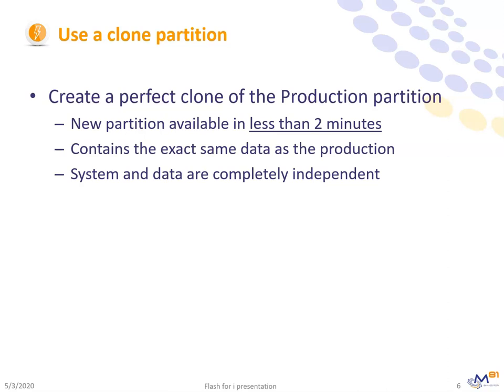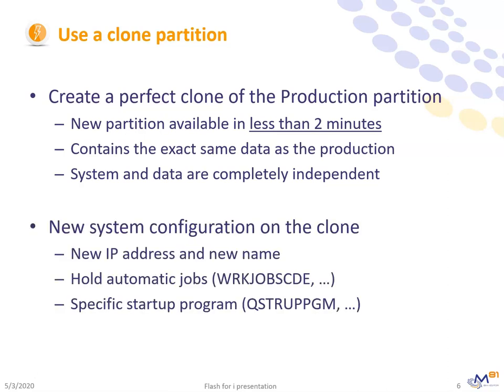The new clone partition is then available and can be IPLed in less than 2 minutes. It contains an exact copy of the production, and it's really and completely independent from the production. On this new clone partition, we have to make sure that production jobs will not start.